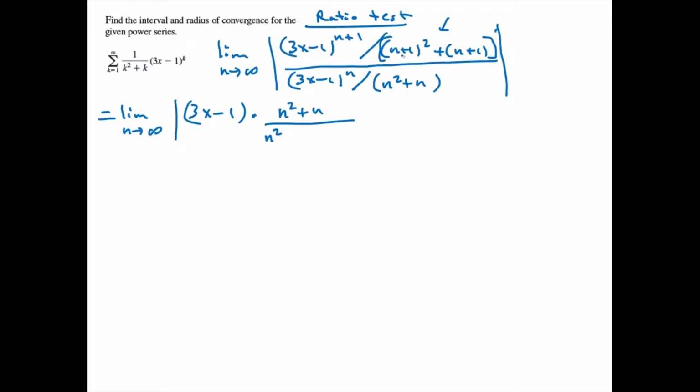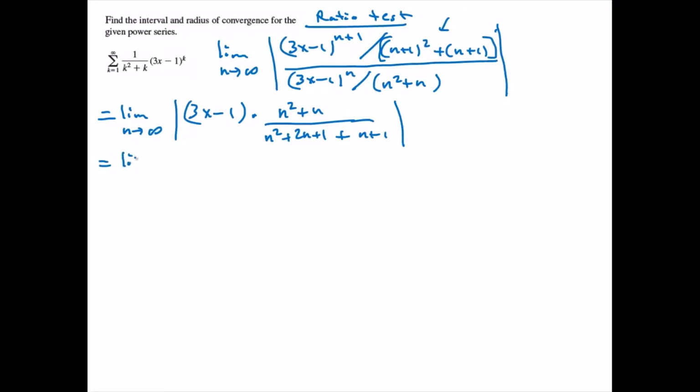When we square n plus 1, we'll get n squared plus 2n plus 1, and then we'll add the n plus 1. And of course, we should note that the terms involving the n's will all be non-negative because n will be a natural number. So we can bring those to the outside.